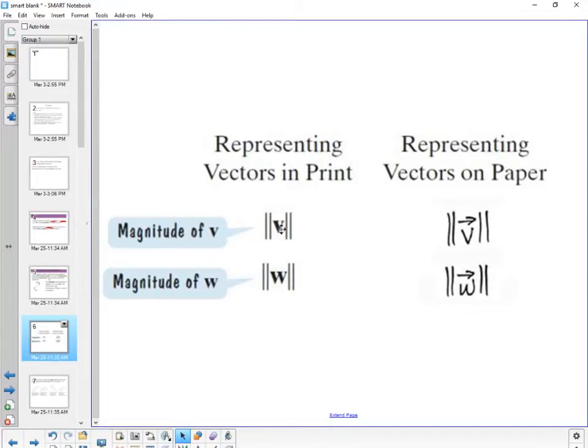You want to use those double bars. Wait, this is on my math lab, right? Yes. It's the absolute value. I always think more like step function, but step function has a closed double bars kind of thing. It's kind of like a double bracket. Yes, this is how you're supposed to write it.